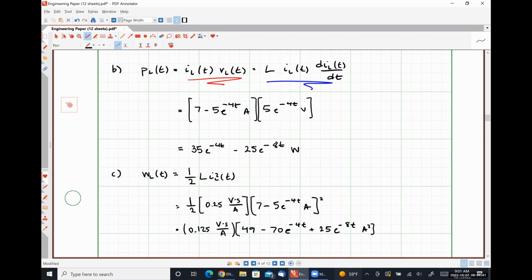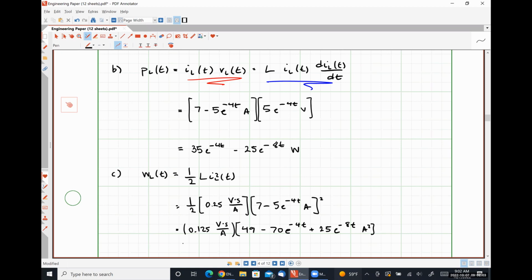Running out of room here, so let's look at our units. So what happens when I multiply a volt second per amp times amp squared? I get a volt amp second, or power watt times seconds, which is a joule, right?